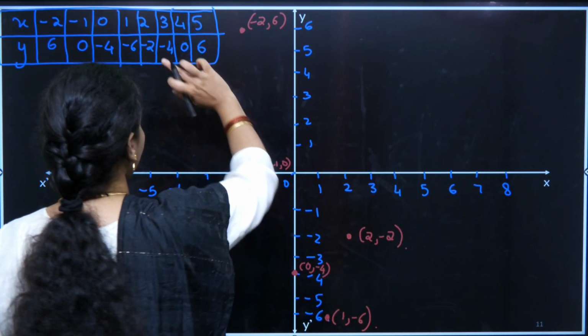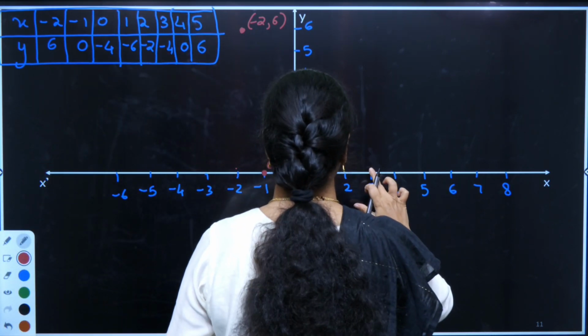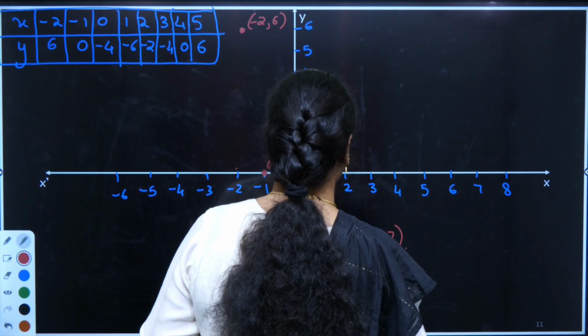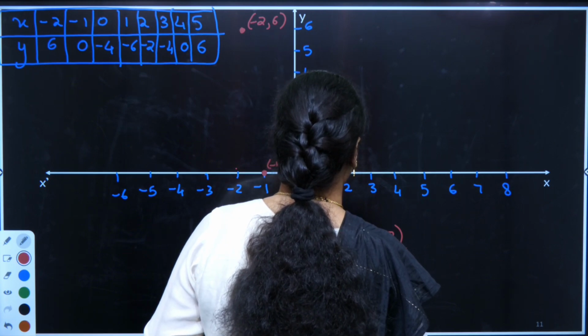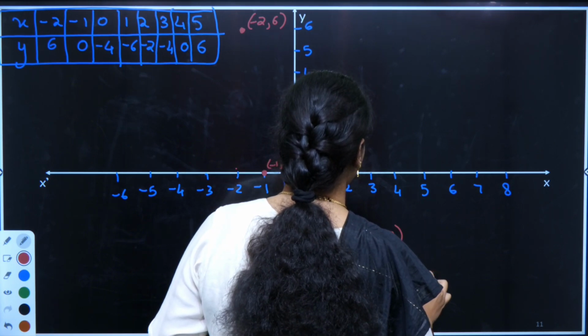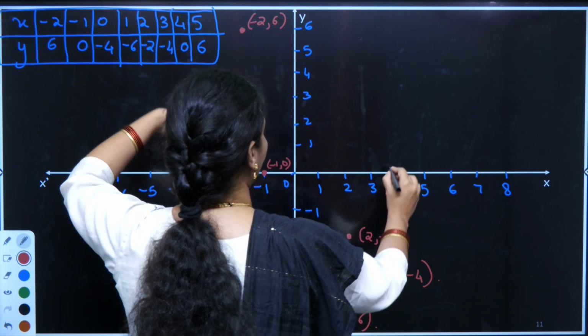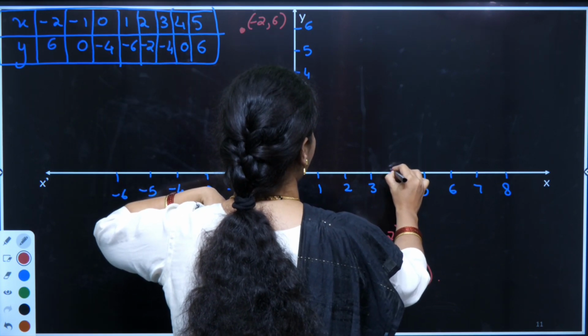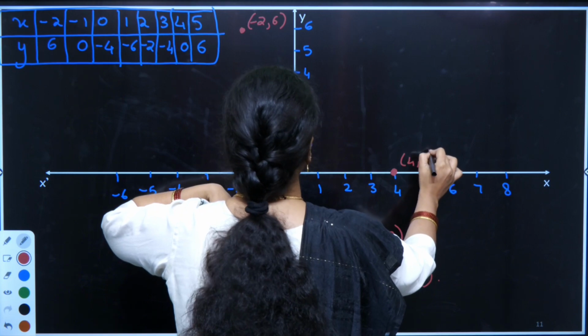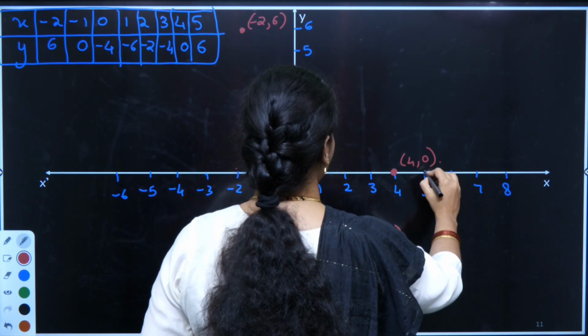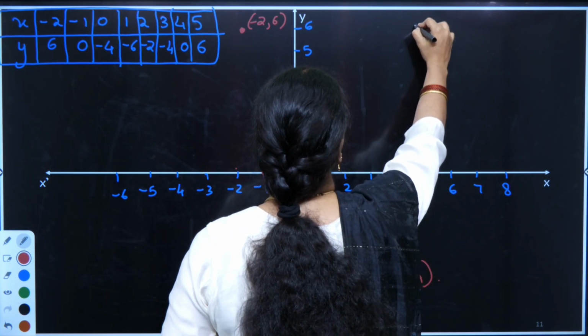Then I have 3 and negative 4. 3 here, negative 4 here. 3 comma negative 4. Then 4 and 0. 4 and 0 lies on the x-axis. This is 4 comma 0.